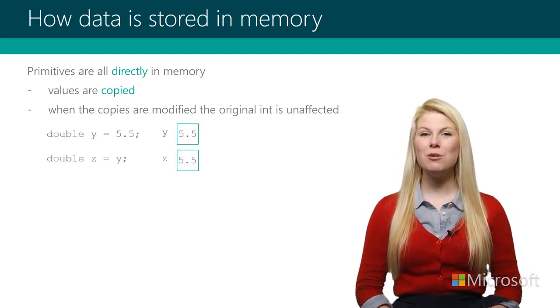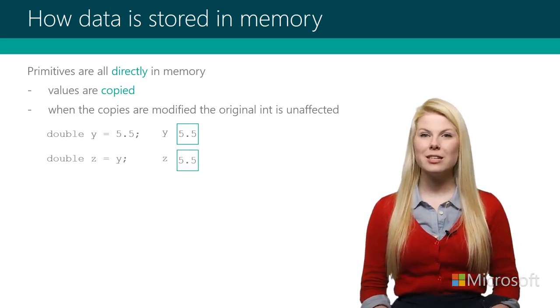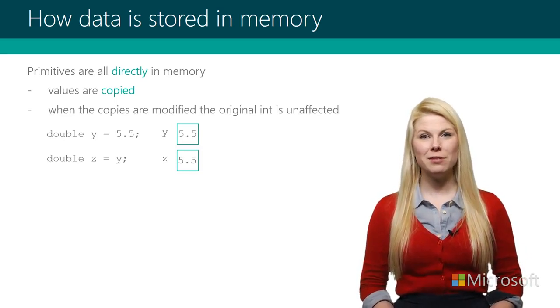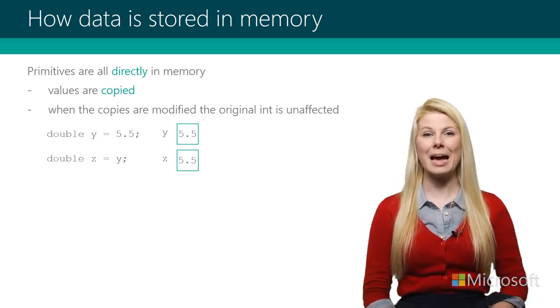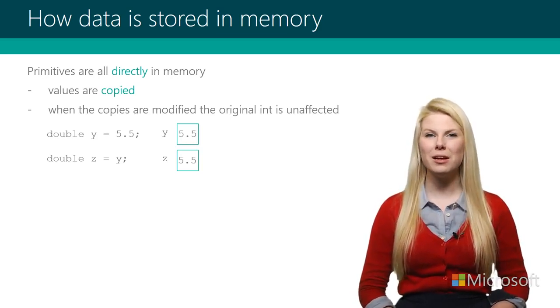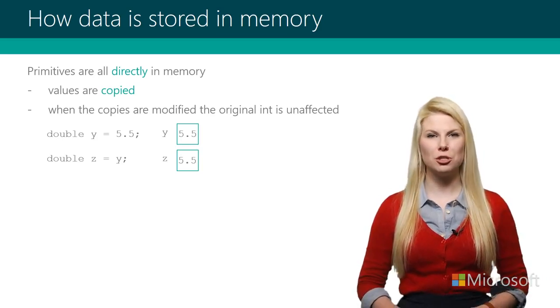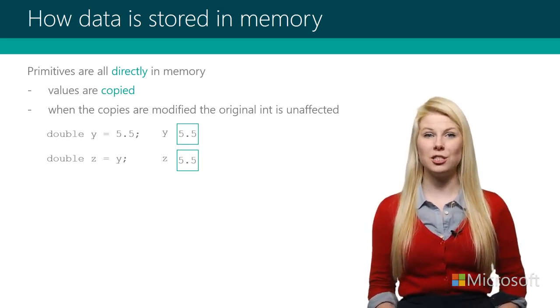Now I'm going to make a new double variable, this time called z. And it's going to be set to whatever y is set to. Y happens to be 5.5, so the computer makes a whole brand new box with the new name z and copies that original value into it. After this, y and z have no relationship anymore. They're just two completely separate variables. I could change y, z doesn't care. I could change z, y doesn't care.